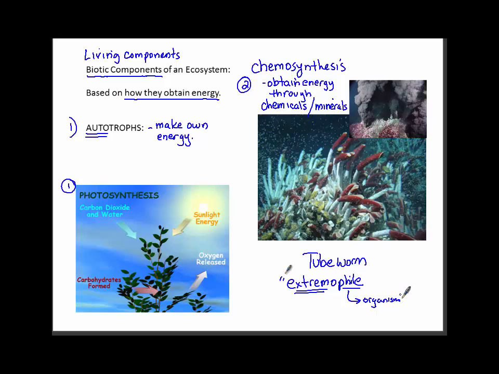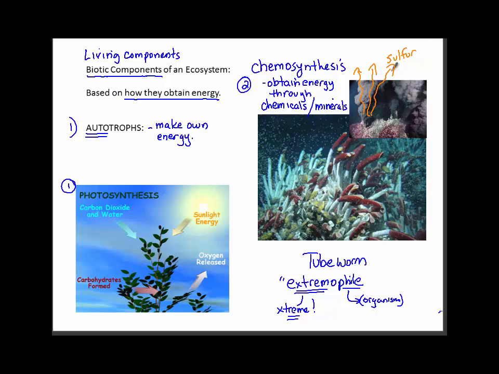These tube worms live at volcanic vents deep underwater, at tectonic plate boundaries, and we really didn't know about them until fairly recently. The volcanic vents are spewing all kinds of rich minerals and nutrients, and one of them is sulfur.